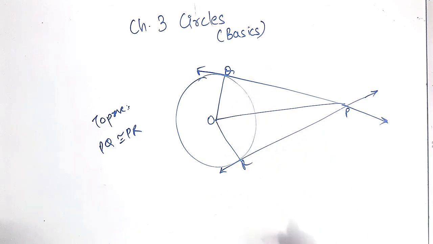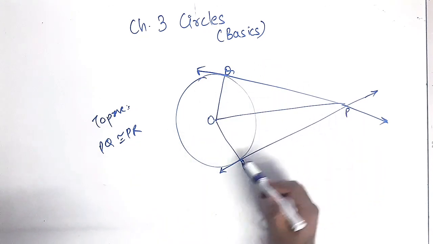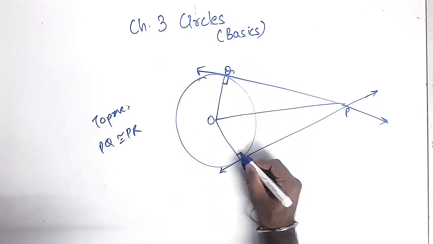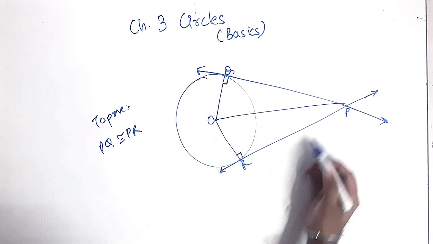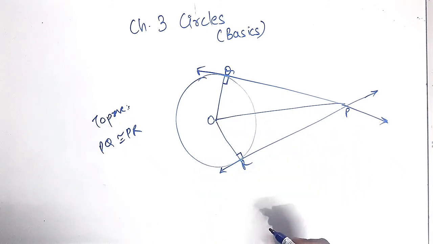They both are the part of which triangles? They both are the part of these two triangles, yes or no? PQO and PRO. So you know that this is 90 degrees, radius perpendicular to tangent. Then what can you say the congruent parts? Hypotenuse PO is congruent to hypotenuse PO, correct?